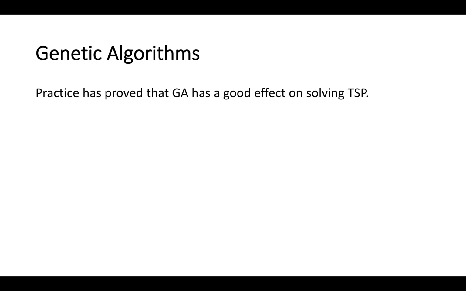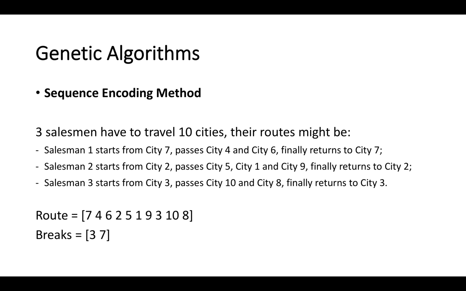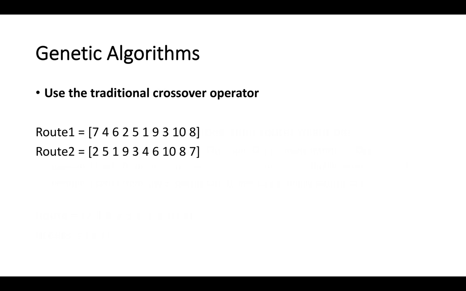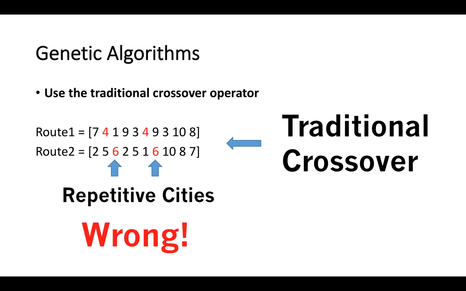Yet, classic genetic algorithm cannot solve multiple traveling salesman problem perfectly, because sequence encoding method is the most suitable method and is often used to solve traveling salesman problem. However, if we use sequence encoding method and we still use a traditional crossover operator in genetic algorithm that crosses two individuals at any position directly, it will generate individuals that are meaningless and illegal as they cannot satisfy the problem requirements.